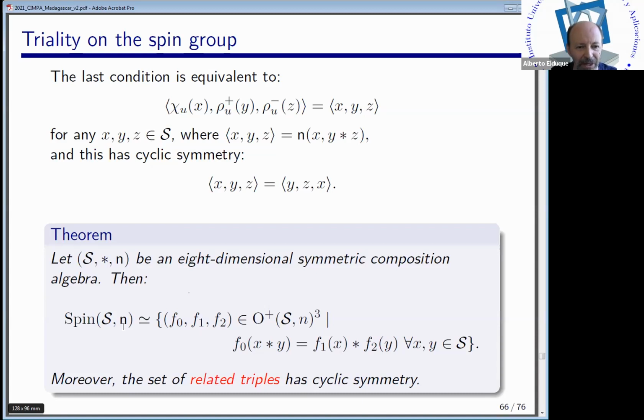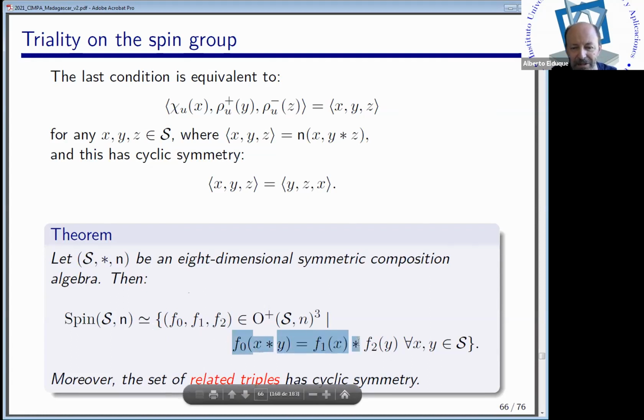So what happens is that the spin group, which is some universal cover of the special orthogonal group, is isomorphic to a group of triples of special orthogonal transformations related by this condition, which is the same condition that appeared before.